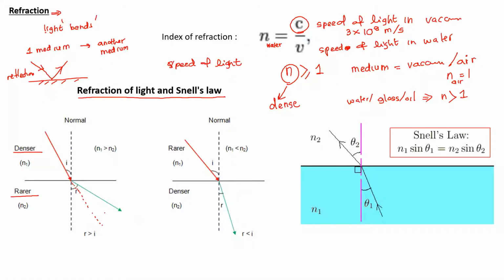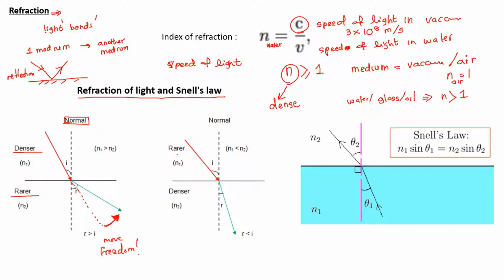So it bends away from the normal. This is your surface normal, which is very important: a normal drawn to the point of interaction. You can see here your light has bent away from the normal. Denser to rarer, more freedom. That's how I remember it.